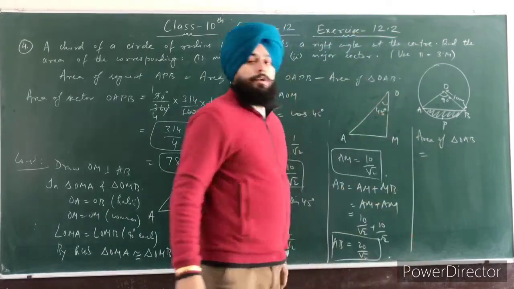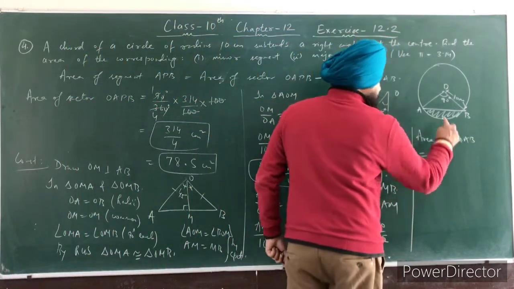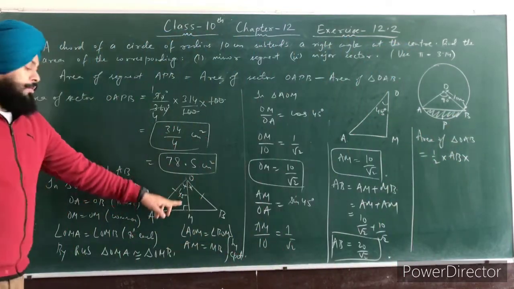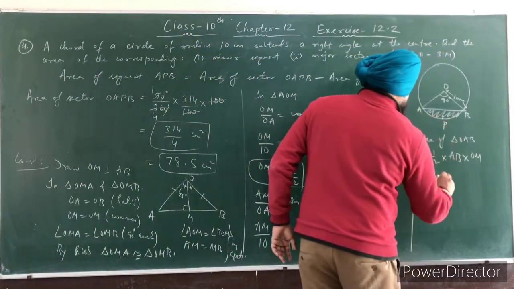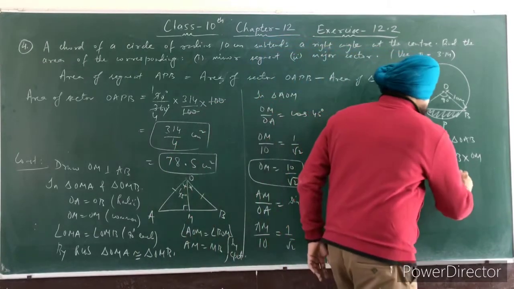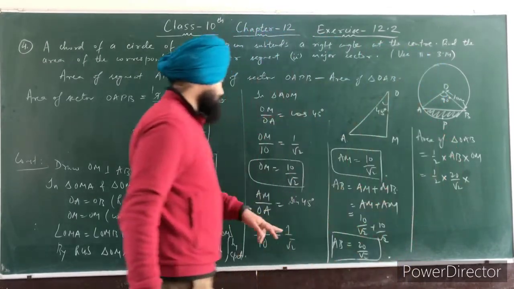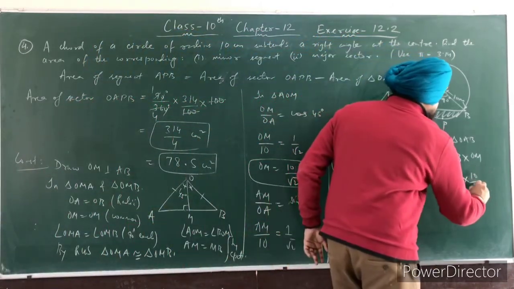Now we can find the area of triangle OAB. Area of triangle OAB is half base into height. The base of this triangle is AB, which is 20 over root 2, and the height is OM, which is 10 over root 2.